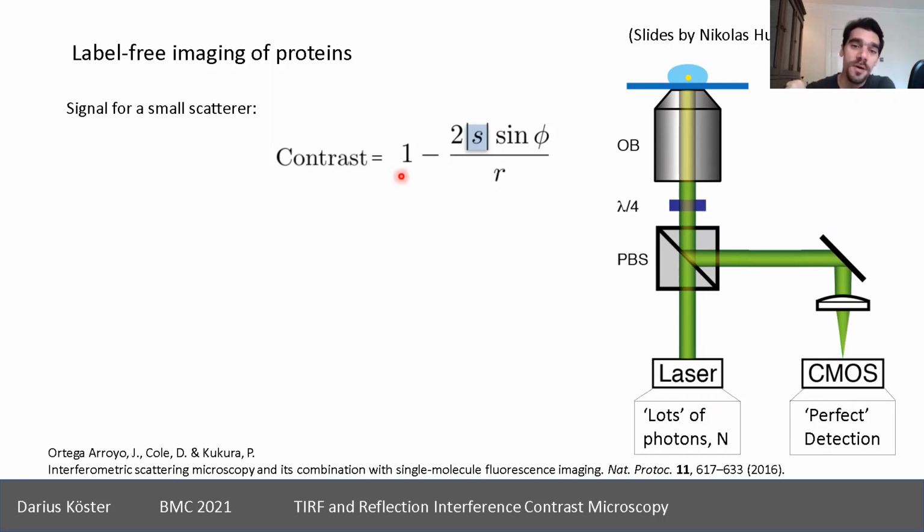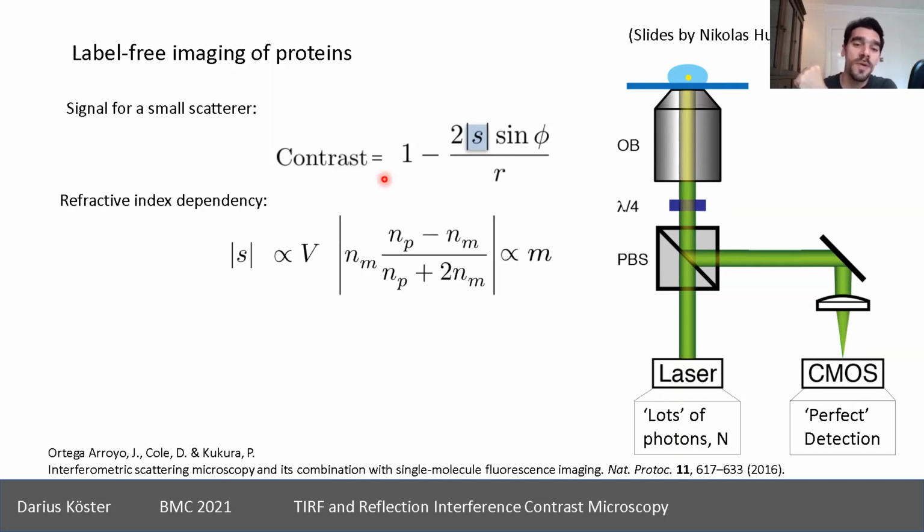Important parameters now to understand the scattering. The scattering is dependent again on the refractive indices of the protein of interest and your molecule, and of course the size of your molecule. It all comes together. It is proportional also to the mass of your molecule.